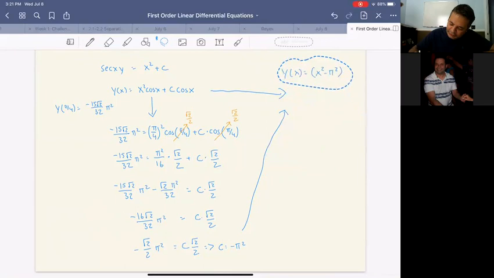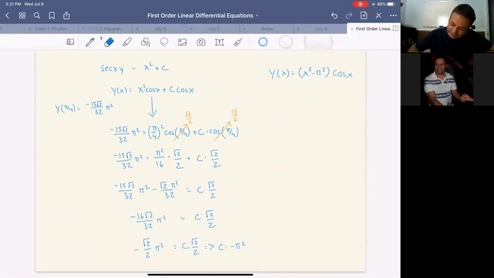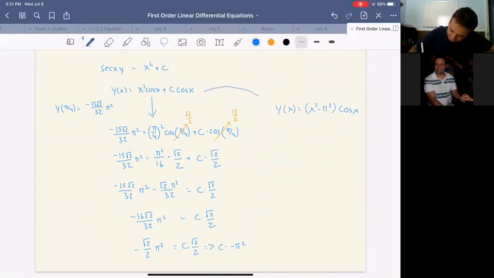My arrows were badly drawn. I could think of this as x squared plus c times cosine x.